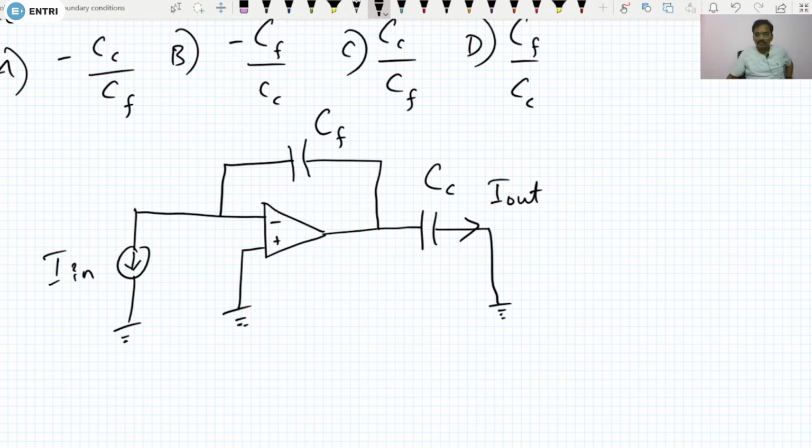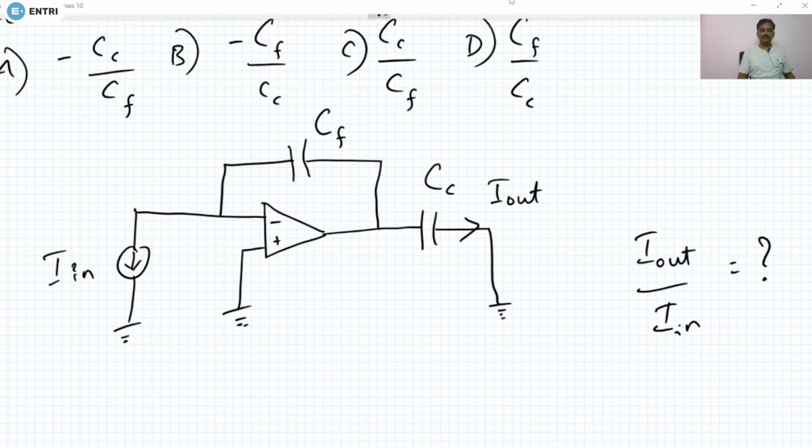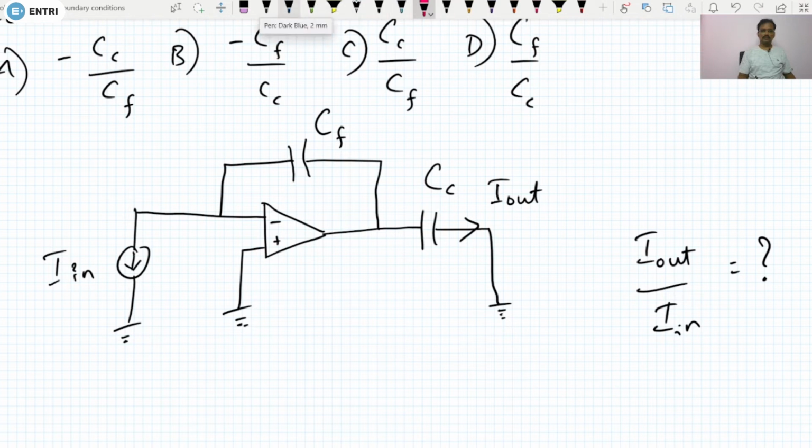So for this circuit you have to determine I out by I in. So how can we determine this? See, it is very simple here.